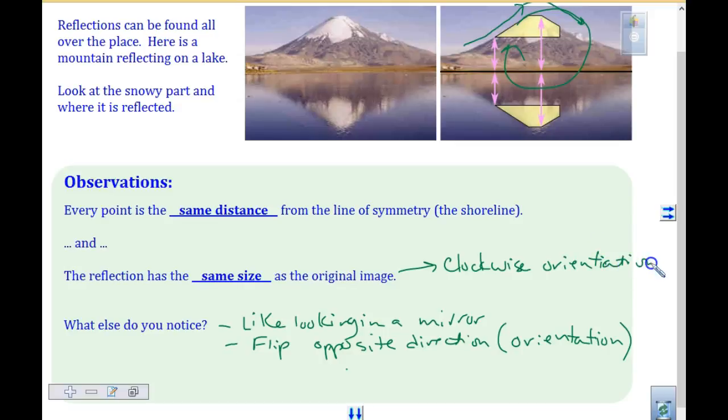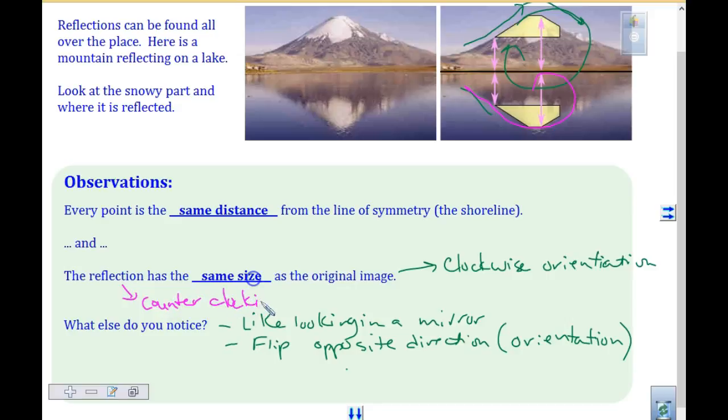If we were walking up this hill, we would be going clockwise. Now, if I started on the same point down here and want to go up and around, which way am I going now? I'm going counterclockwise. So the reflection is counterclockwise.